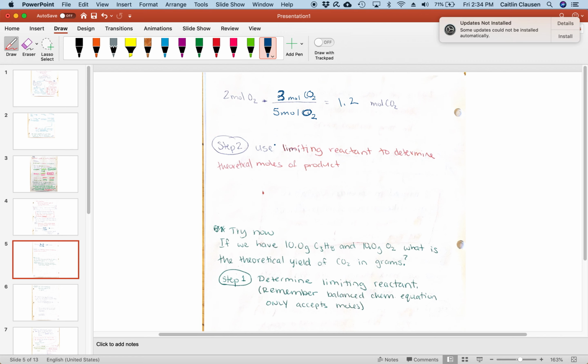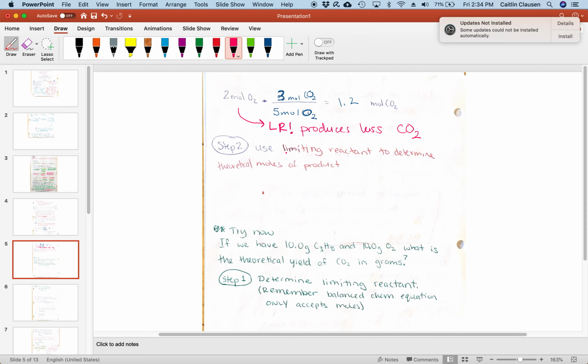Second step in this is we have to use the limiting reactant, which is oxygen.